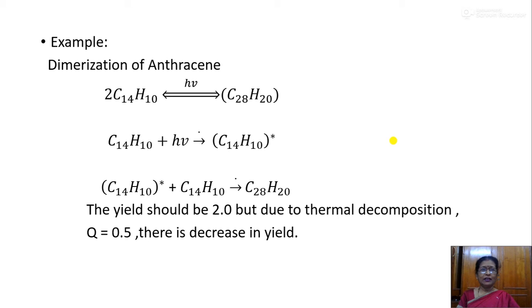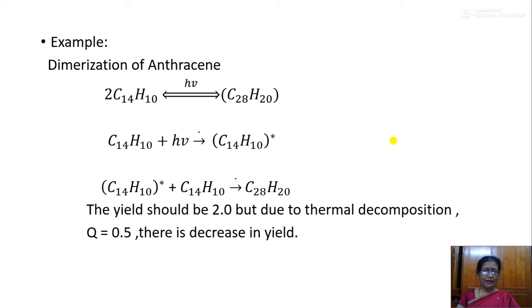For example, dimerization of anthracene. The same topic we have discussed in the earlier session. I repeat this. C14H10, two molecules of anthracene, under the absorption of a photon gives rise to C28H20. That is the overall reaction.